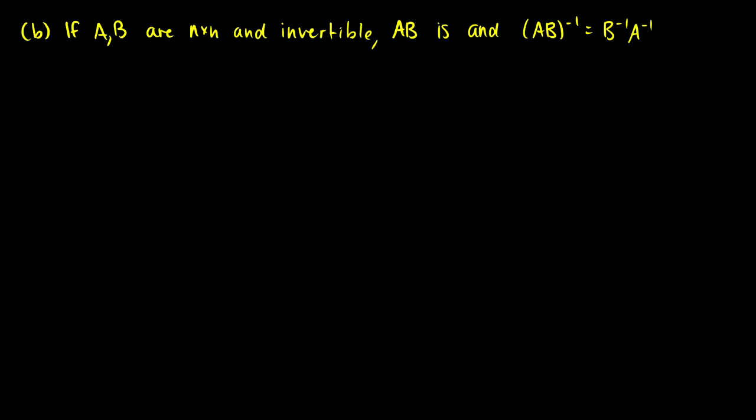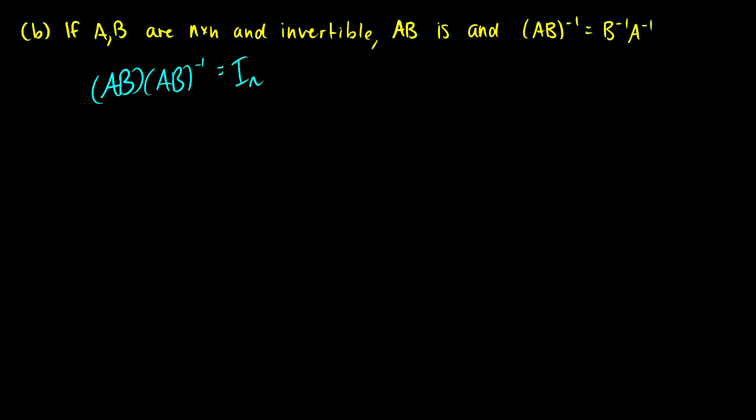The second part says that if we have two matrices A and B, they're both the same size, they're both invertible, then that means that AB is invertible, and the inverse of AB is equal to B inverse A inverse. So we want to show that AB times AB inverse is equal to the identity matrix.